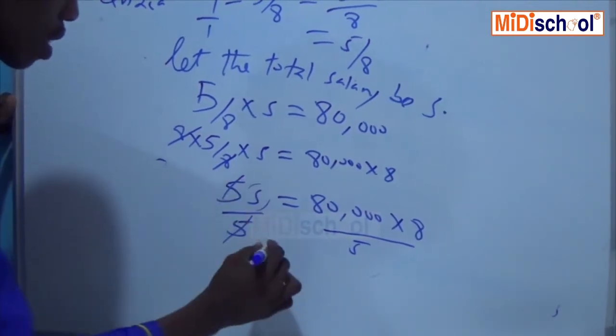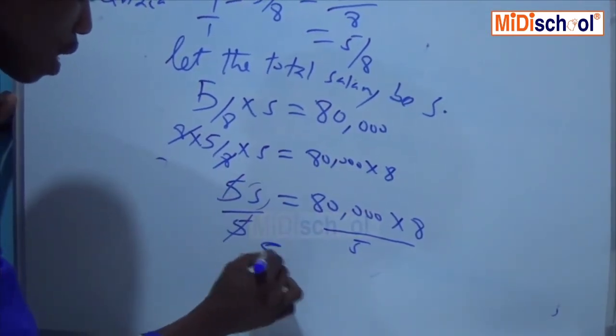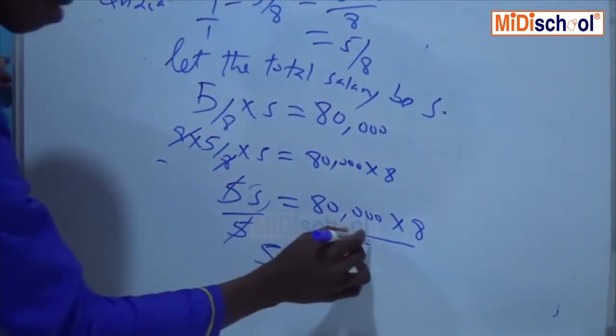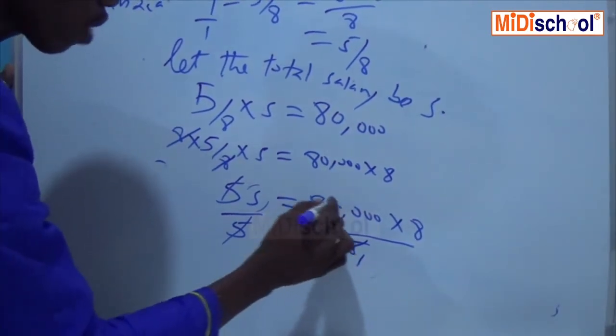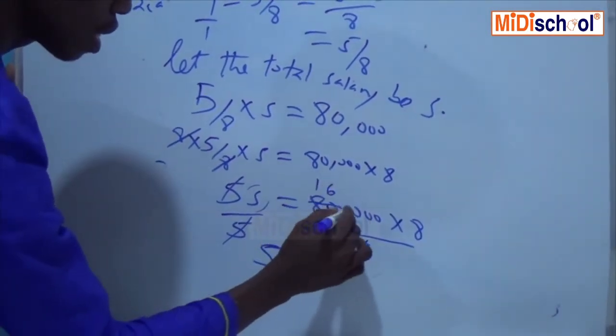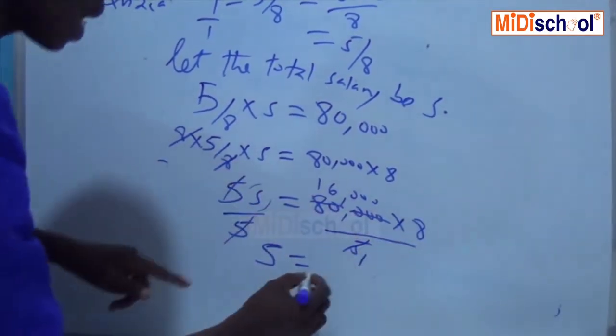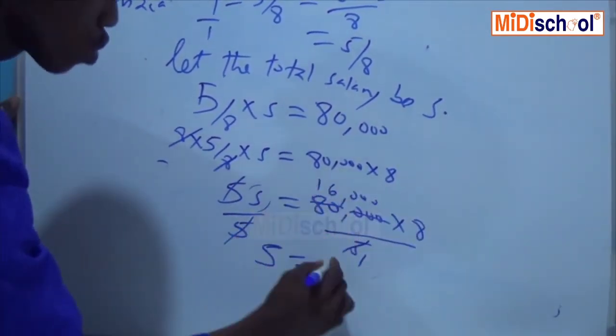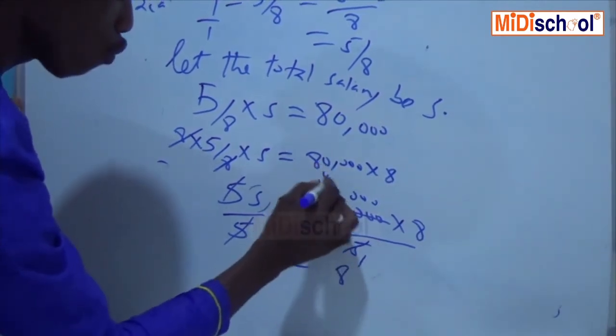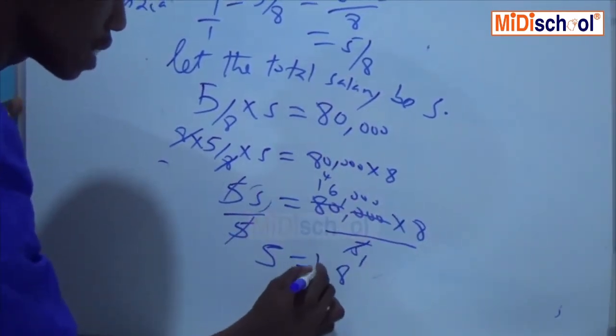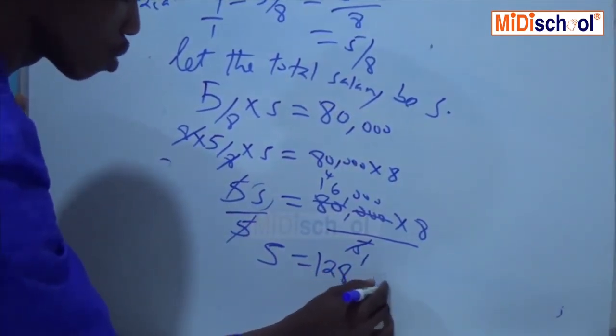So S is equal to, by 5 we have 1 and by 5 here we have 16,000. We multiply this times 8. So 8 goes 8 times, we have 4 and that is 12 and 000.